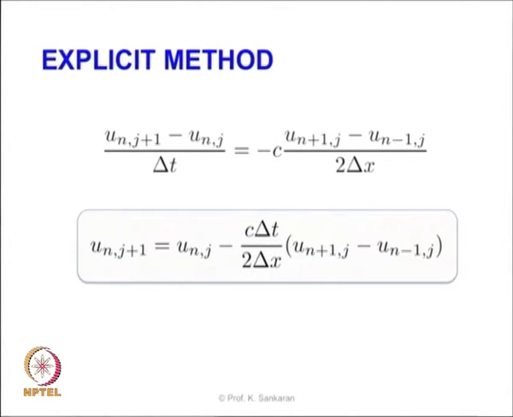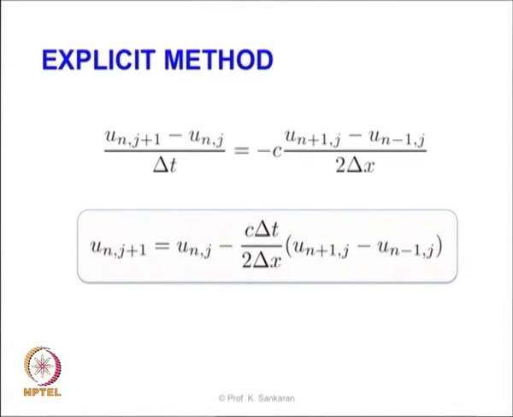Before going into the Lax method, we will spend a little bit of time on the forward in time centered in space scheme. In that scheme, C delta t by 2 delta x should be much lower than 0.5. When we go closer and closer to 0.5, we run into instability issues.